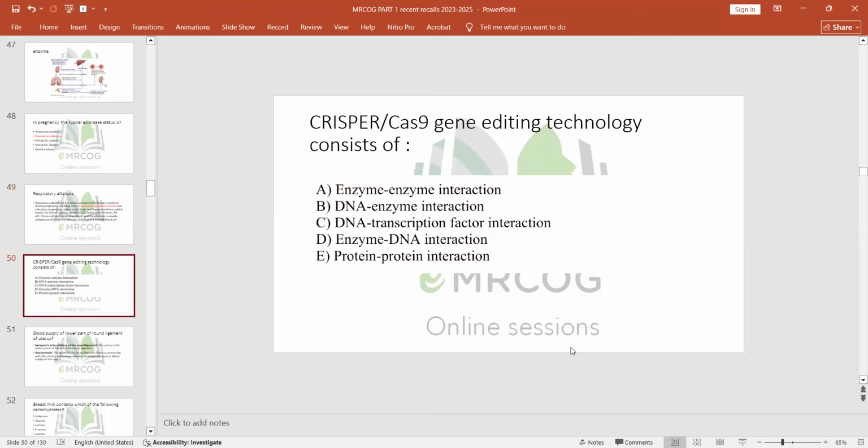Okay, POPs or any progesterone-based contraception. What would be the most common side effect? POPs in general.